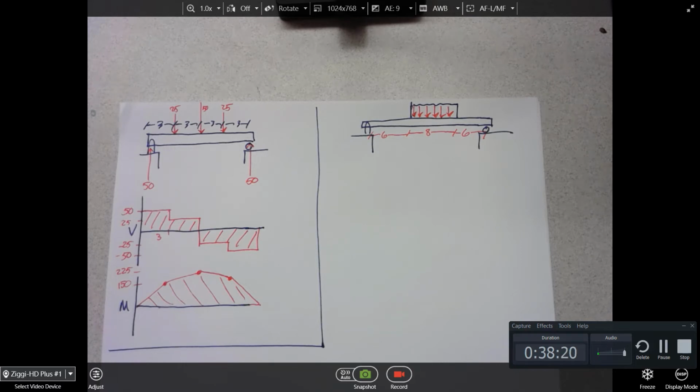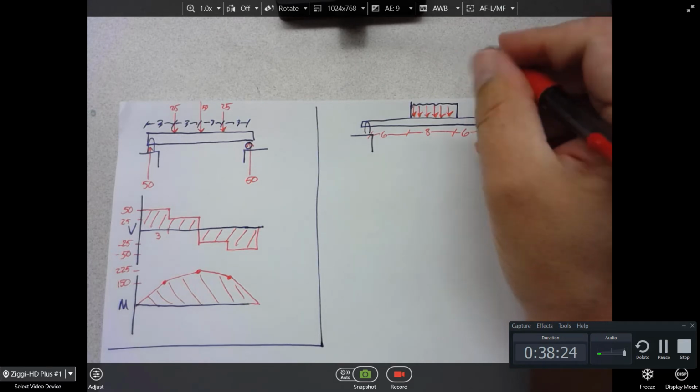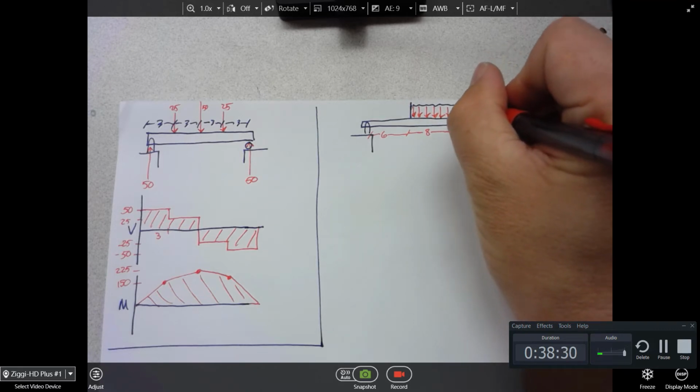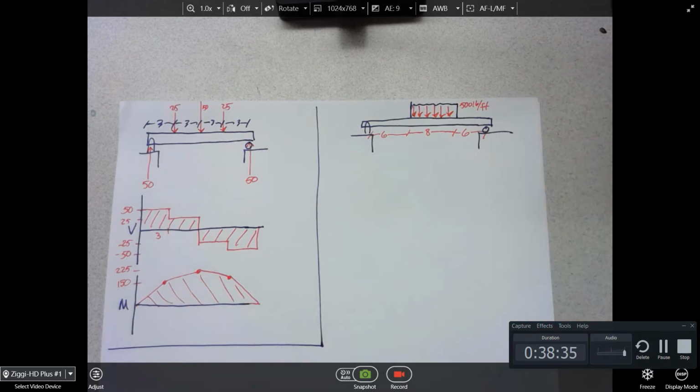So I need to size this beam. I'm going to say that the hot tub has, oh gosh, per foot there, probably like 500 pounds a foot. Okay? Water's heavy. So it's 500 pounds a foot.